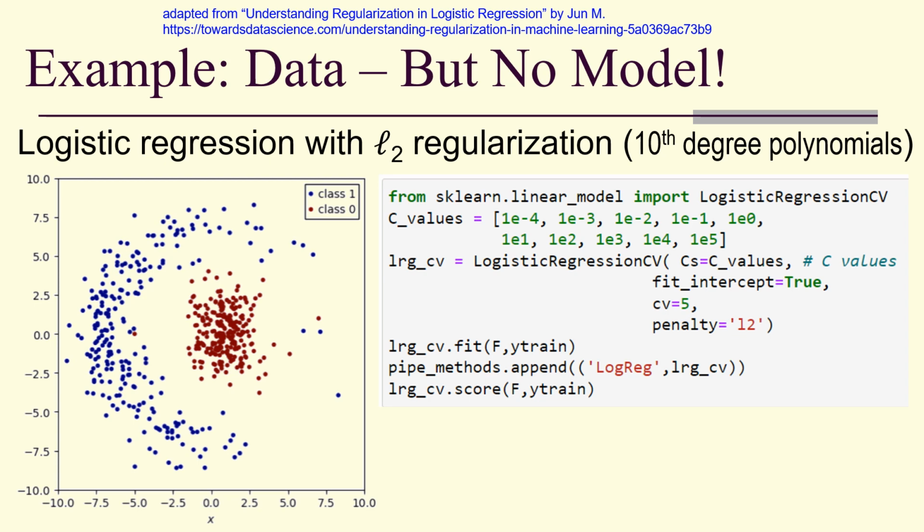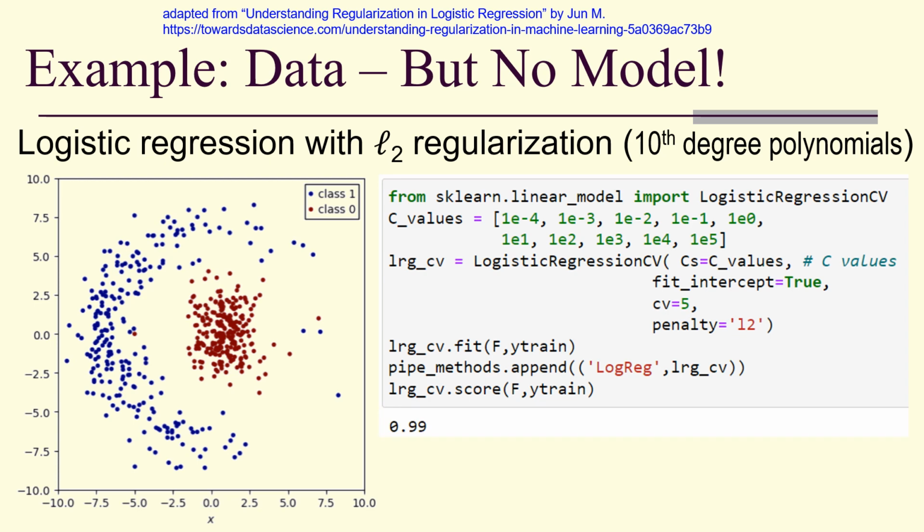So here is our logistic regression, and notice now I'm using the logistic regression CV. It allows me to put in a bunch of values for C, and it will use cross-validation to pick out which C value is the best for my L2 regularization.